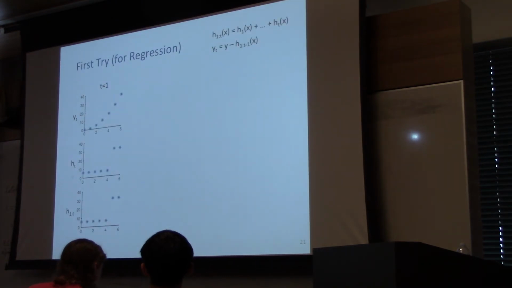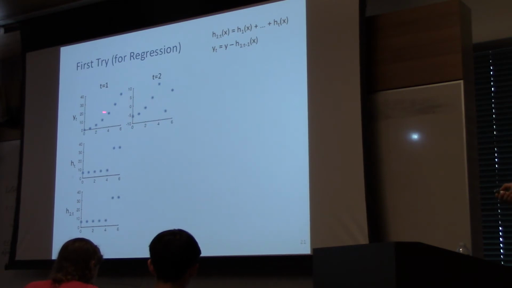So pictorially, it might look like this. This is the residual at iteration 1. In iteration 1, we haven't trained any models yet, so the residual is just the original label. We train a model, and this is the sum of the models, which is basically just the first model for t equals 1. At t equals 2, this is the regression target, which is the residual of the original labels minus h sub 1.